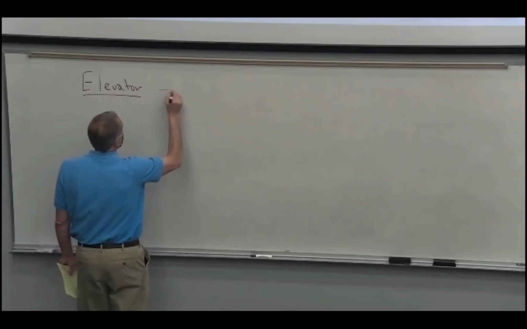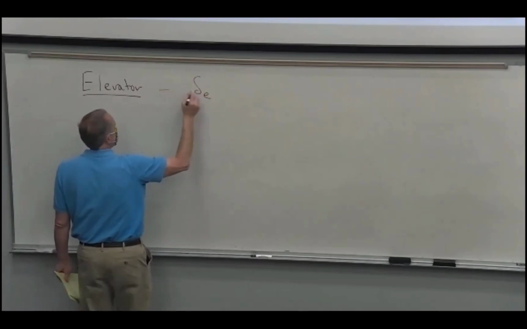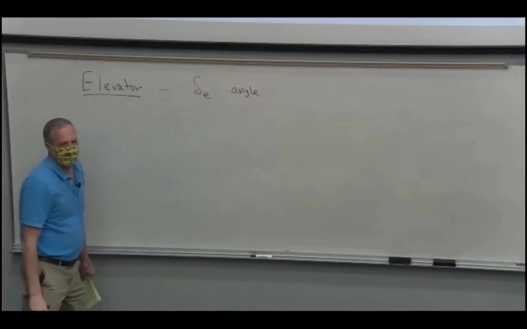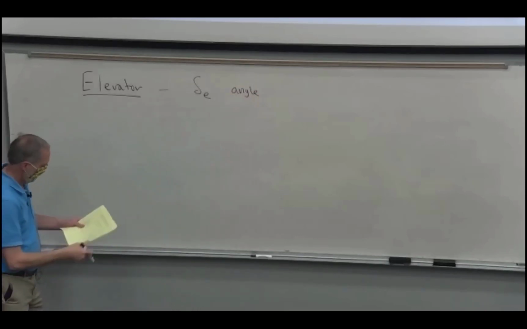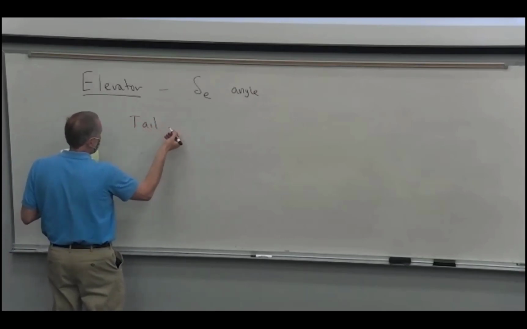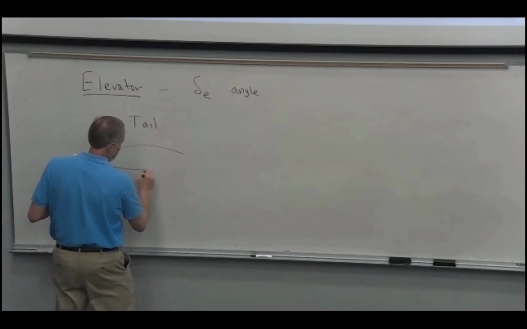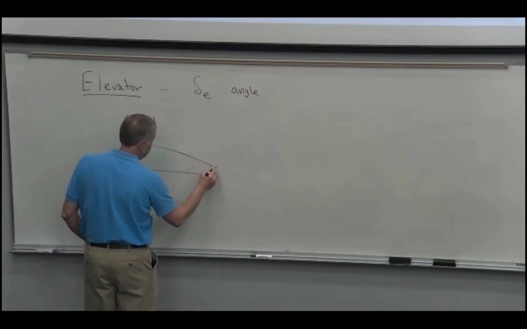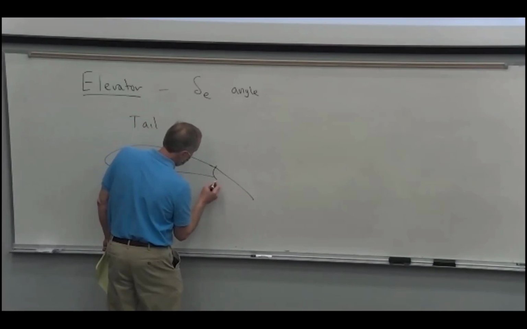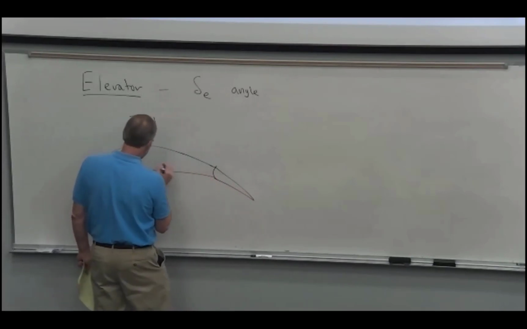So the elevator angle is called delta E. And if we draw the tail, which is really just a wing that we put in the back, the elevator is a flap on the end of it, and draw it downward like that.